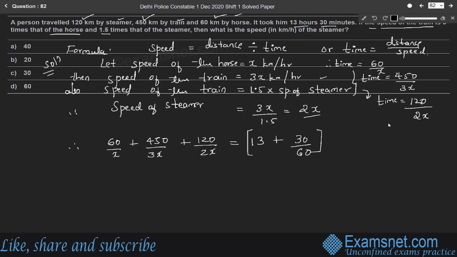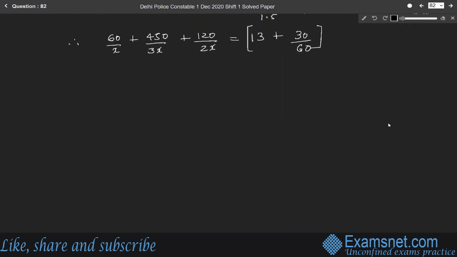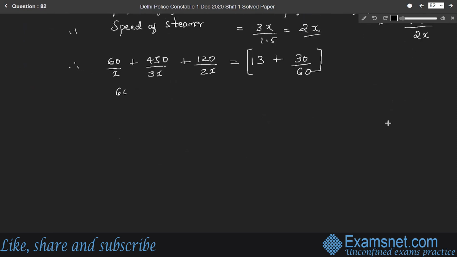So simplify it. Here 60 by x plus 150 by x plus 60 by x is equal to, so 60 is the LCM.